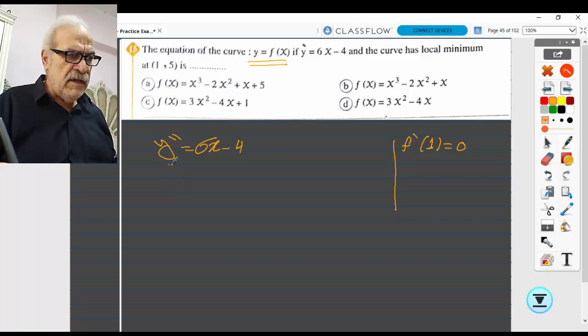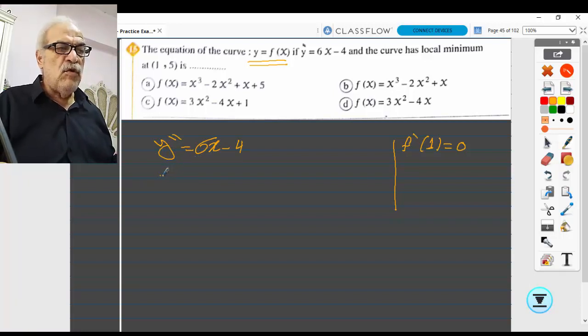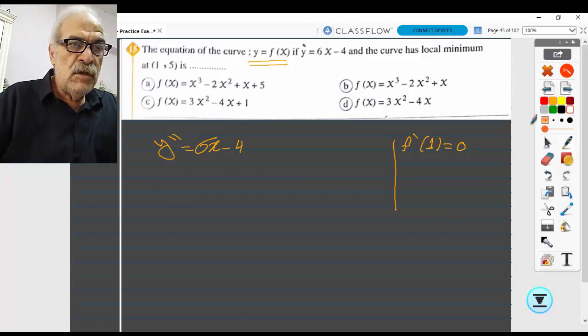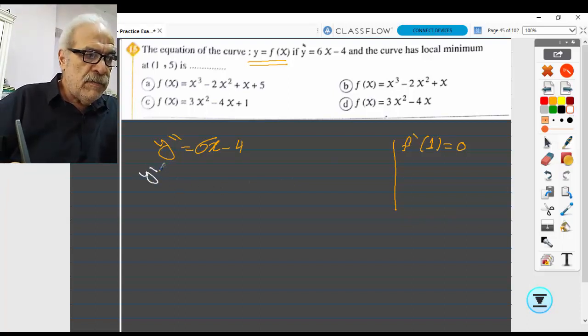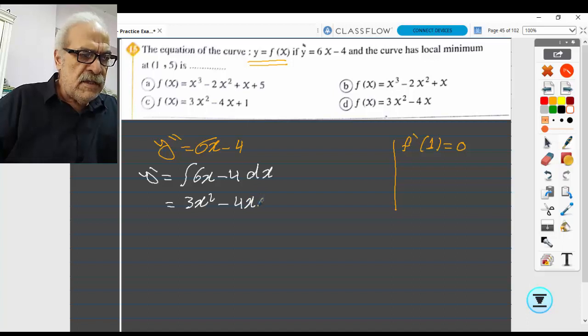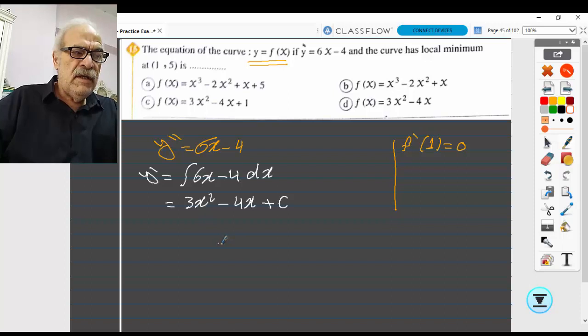And we got here y double dash, so we will use integration. First, to find y dash. Y dash equals the integration of 6x minus 4 with respect to x, which equals 3x squared minus 4x plus c. Okay, now we want to calculate the value of c.